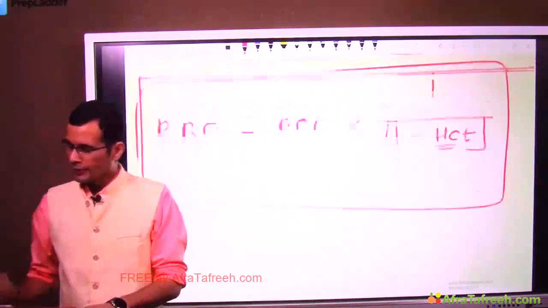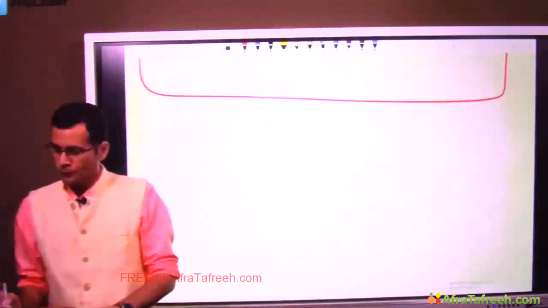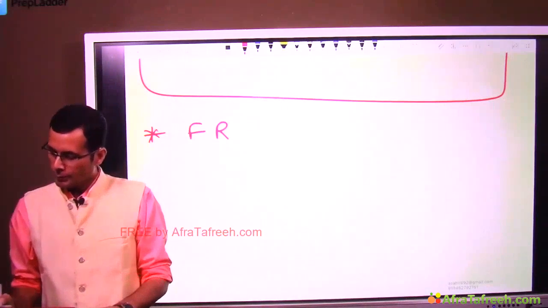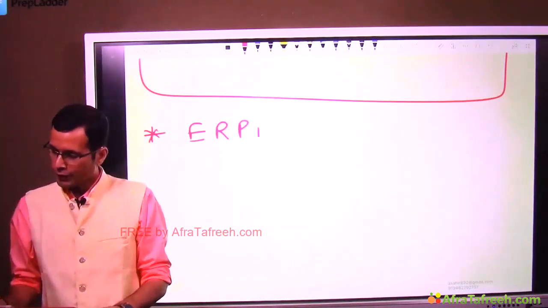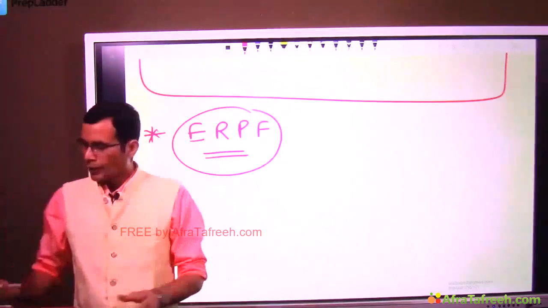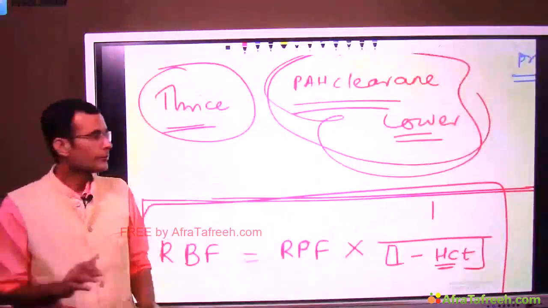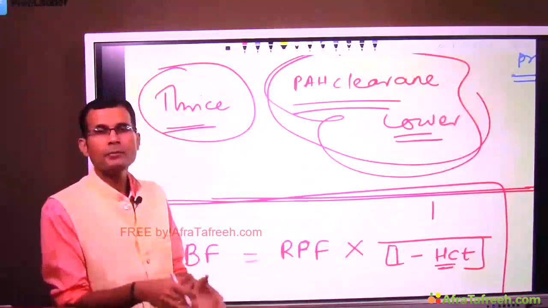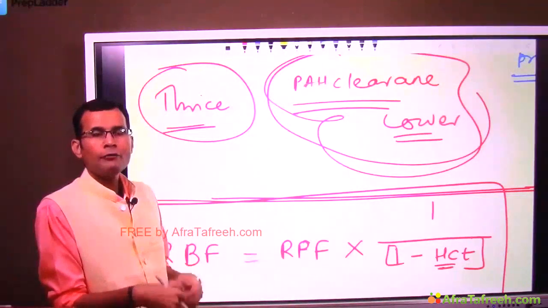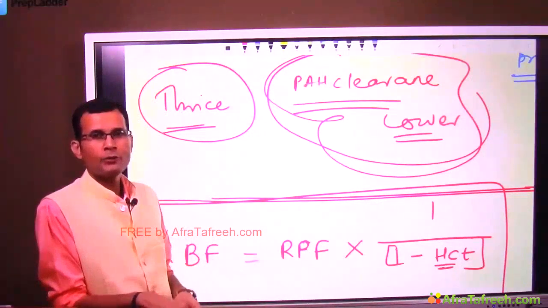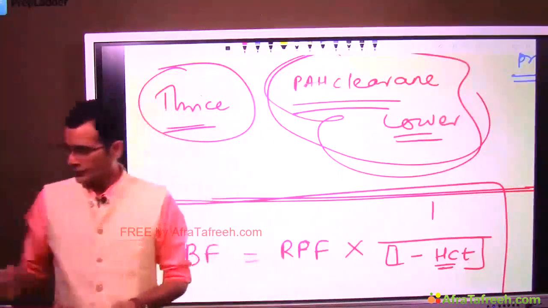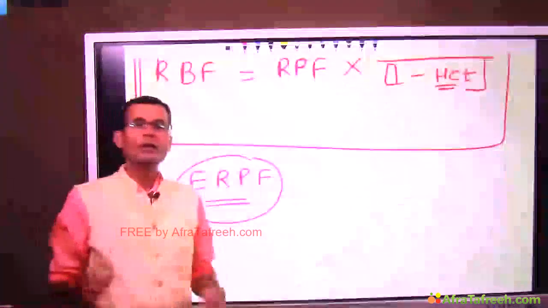One more thing, there is something called effective renal blood flow or effective renal plasma flow. Listen to this part also. What is that? Look, once you obtain this by PAH clearance, we will have to take 90% of that value. Why is that? Why don't we take the entire value?